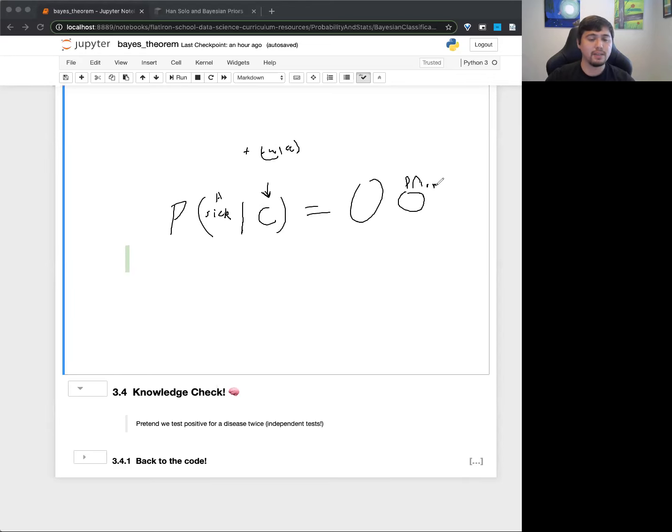That was 0.001. Now our new prior is, well, we tested positive once already, so we know we're at least 0.98% actually sick with this disease. So it's gone up a little bit, but not a huge amount.